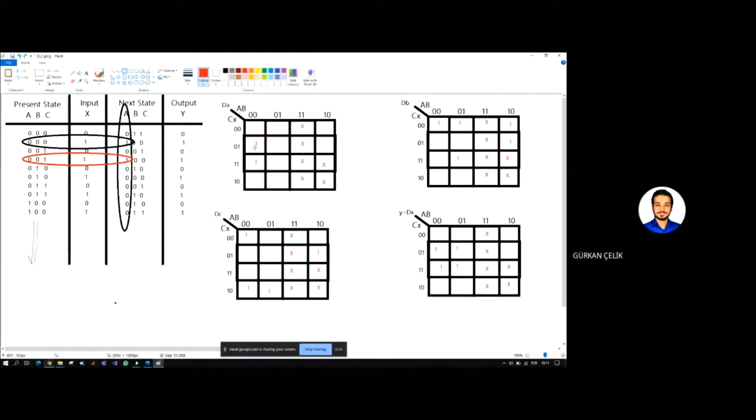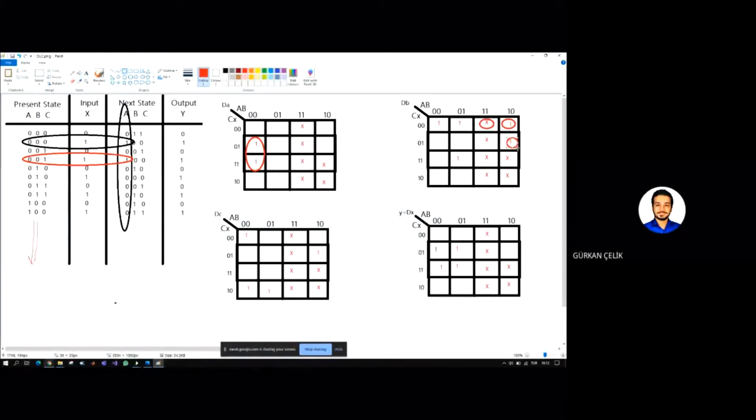So the thing is, create a circle as big as you can. Here we can create a circle with two squares. As I told you, you can use it like this.